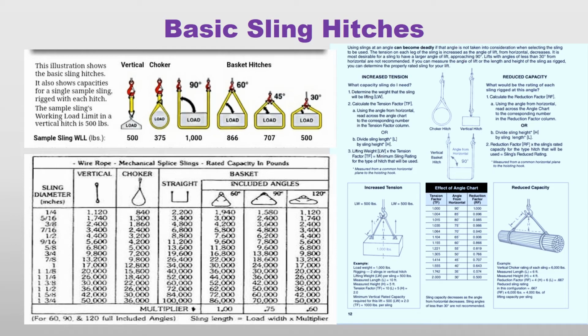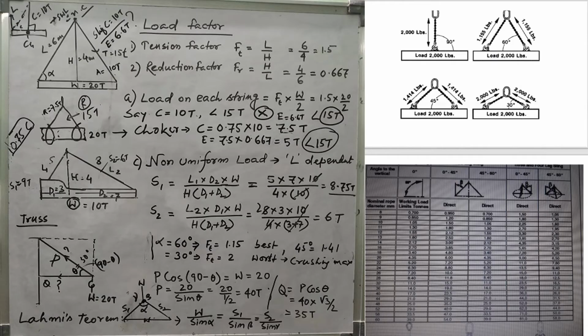Lifting triangle. When we attach a sling in two branches to a load, it gives a triangle known as lifting triangle. Sling makes an angle to base, and so capacity is divided into 2 components.